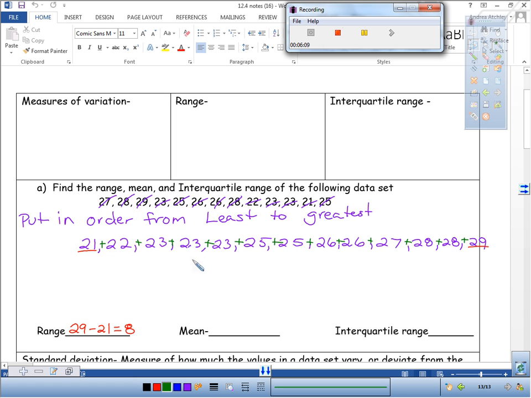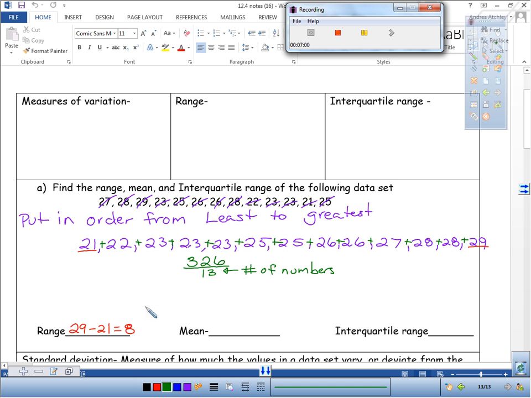Okay, Brett, what'd you get? Just how many when you added them all up, before you divided? Okay, 326. Then you divide by the number of numbers. And I counted 13.